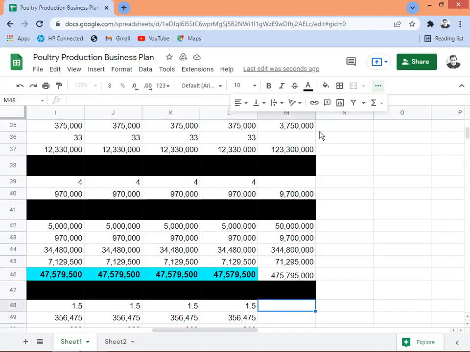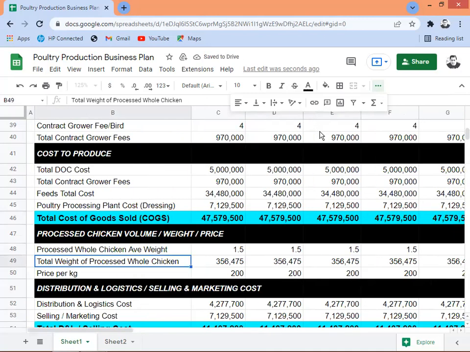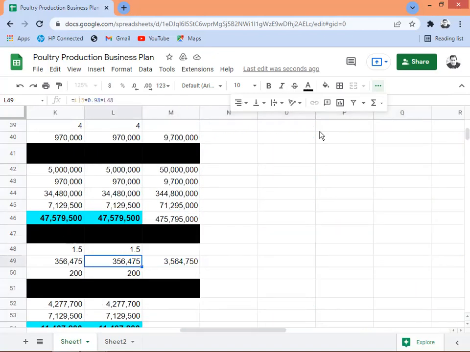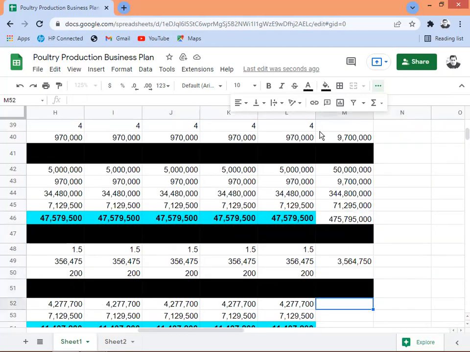Then the target kilogram for the whole chicken, the dressed chicken. And this one is the processing cost. This is the price per kilogram. No need to sum that up.